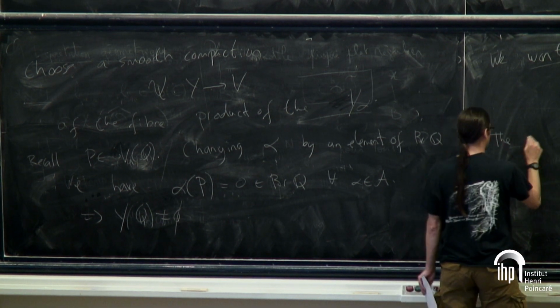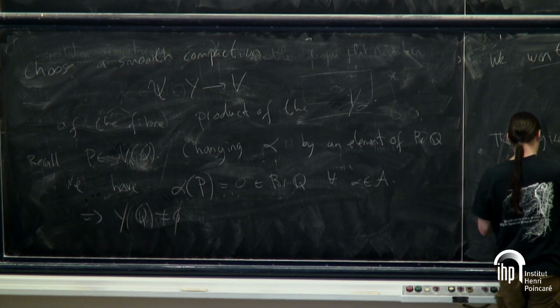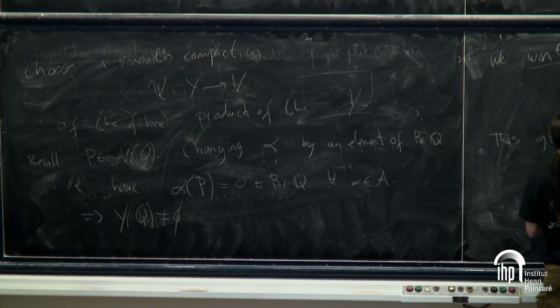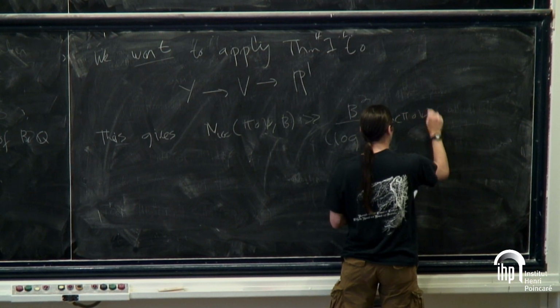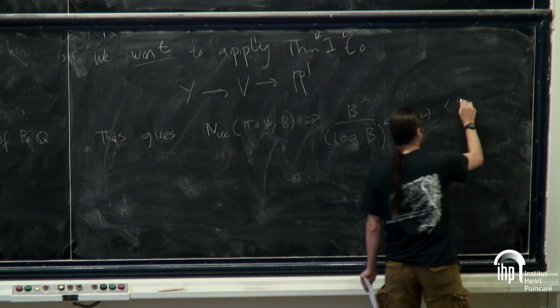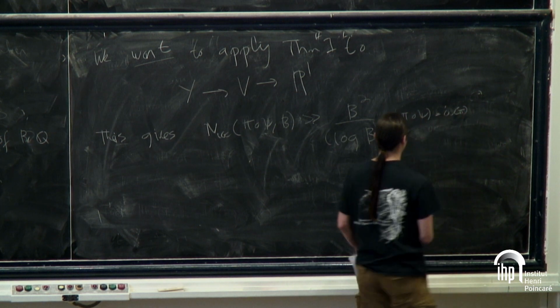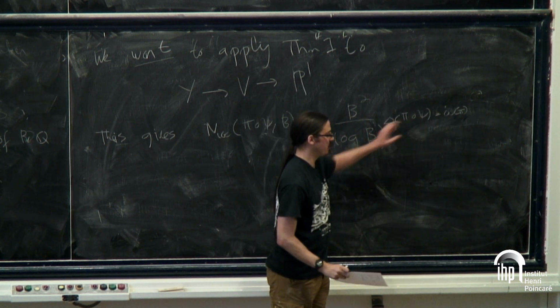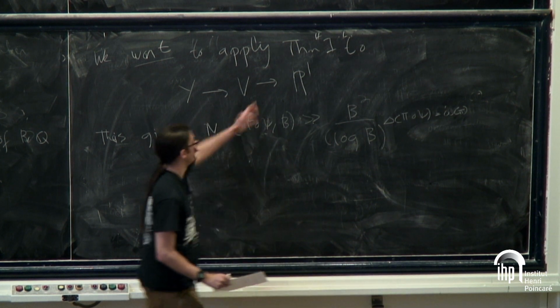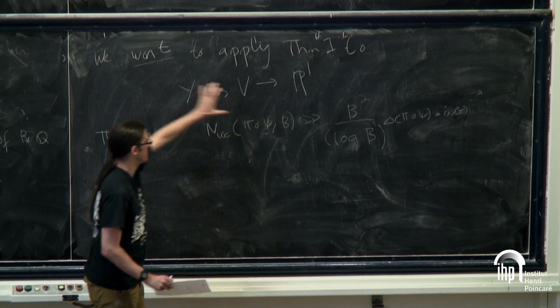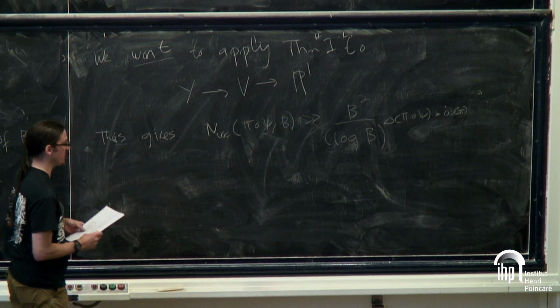Then this gives the lower bound: the number of fibers of the composition which are everywhere locally soluble is greater than B squared over log B to the delta of pi composed with psi. And I should say this is the exponent which we actually get in the theorem. So it's just the delta invariant, not of pi, but of some other morphism closely related to pi.